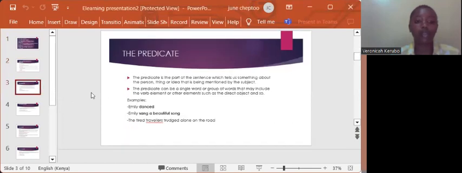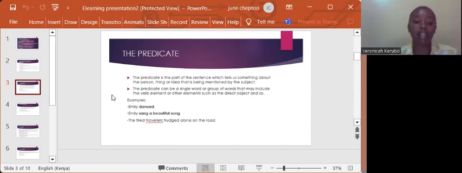Secondly, we're going to look at the predicate. The predicate is the part of the sentence which tells us something about the person, thing, or idea that is being mentioned by the subject. The predicate can be a single word or a group of words that may include the verb element or other elements such as direct object, and so on.